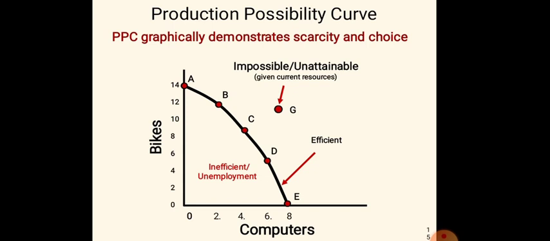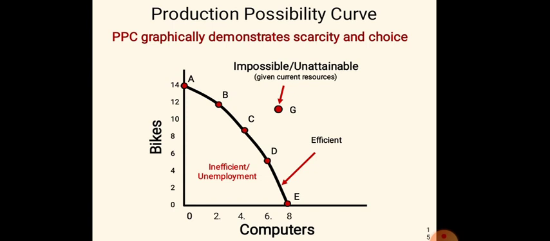We can increase production of computers, but we have to decrease production of bikes. We cannot simultaneously increase production of both goods, as we have assumed our resources and technology constant. We can see this as movement from point A to point B in our PPC.